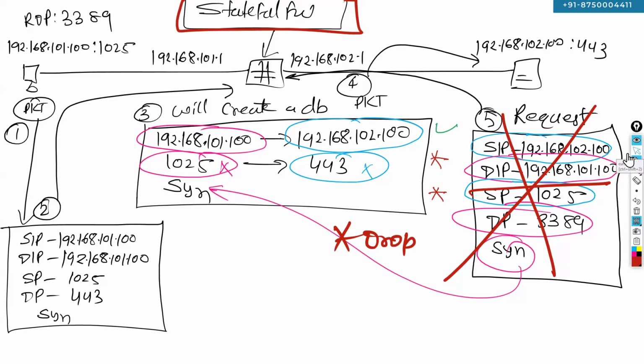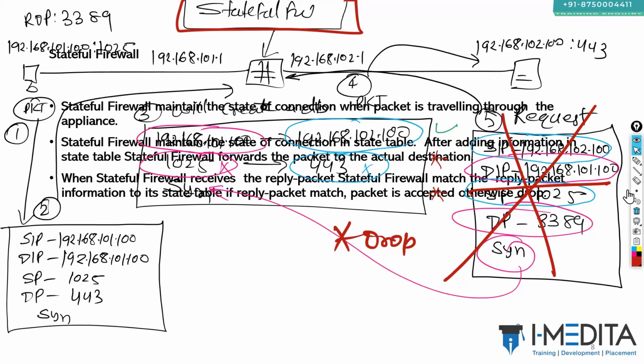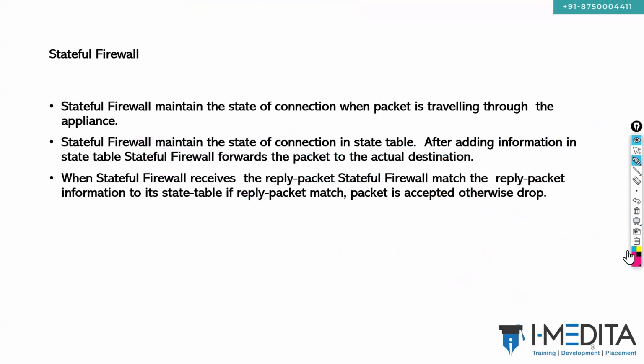Whatever we have learned through the diagram, the same thing is mentioned here in the slide. And what is it saying? It is saying, what is a stateful firewall? A stateful firewall maintains the state of a connection when a packet is traveling through the appliance. A stateful firewall maintains the state of the connection in a state table.